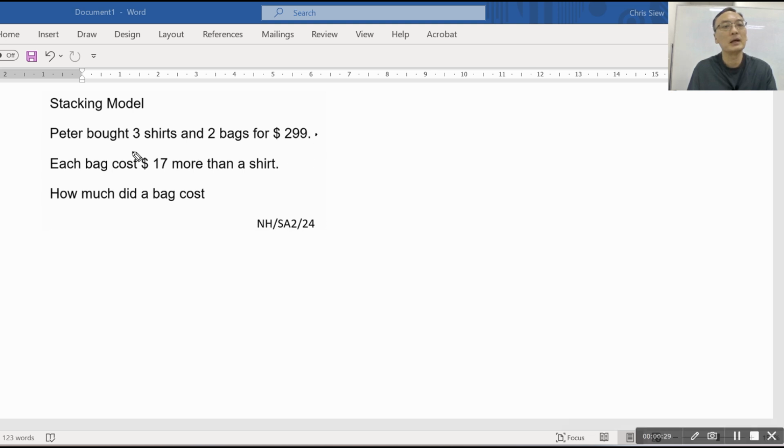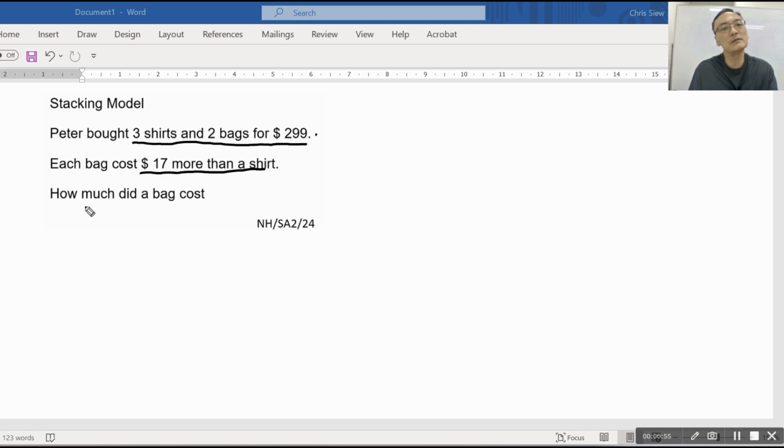Peter bought 3 shirts and 2 bags for $299. Each bag cost $17 more than a shirt. How much did the bag cost? So in this question, the key information is that we have this group of items that cost $299. Each bag costs $17 more than the shirt.